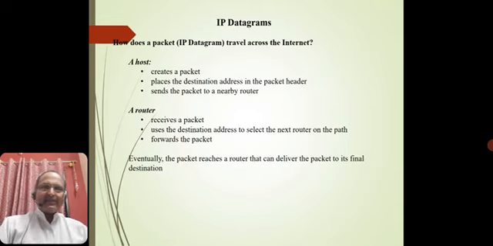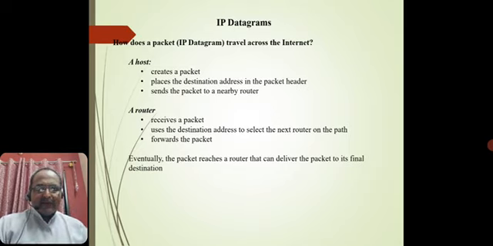Now in this case, a router receives a packet and uses the destination address to select the next router on the path, and it forwards the packet in a definitive manner so that it will get an acknowledgement that the data packets were sent properly.